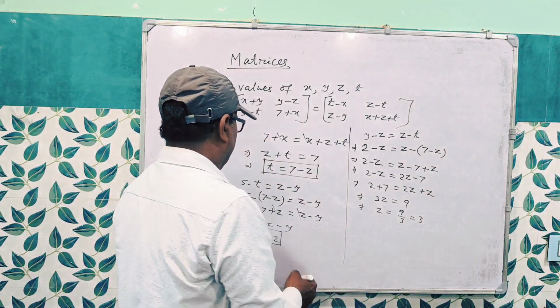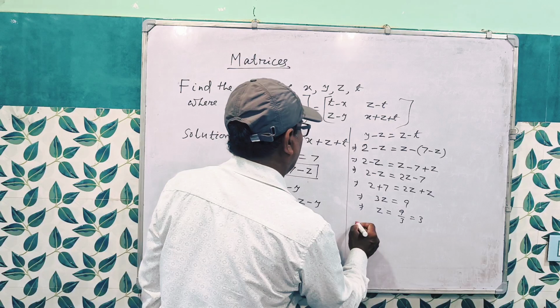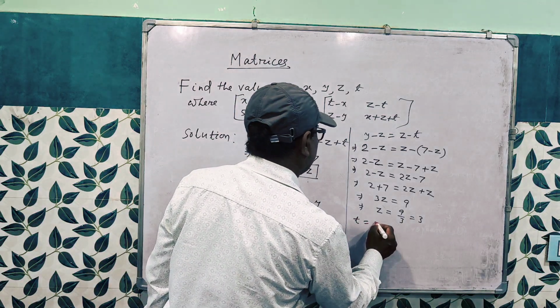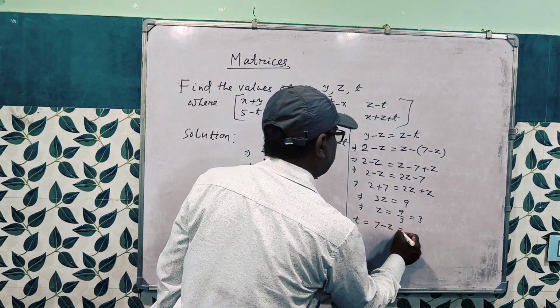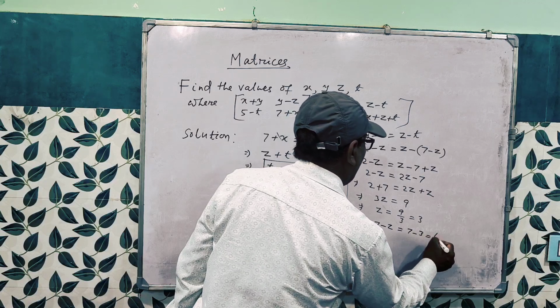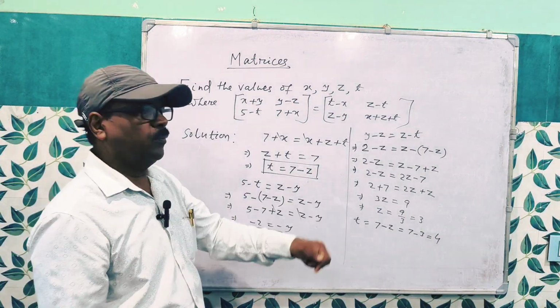Then t is equal to 7 minus z is equal to 7 minus 3 is equal to 4. So we have got the value of t now.